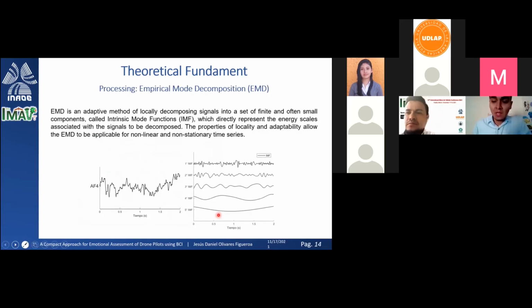To pre-process the signals, we first apply the empirical mode decomposition, EMD, to obtain the different levels of energy of one signal. These are called intrinsic mode functions, or IMFs. We used EMD to remove the DC component and the artifacts present in the lower frequencies.